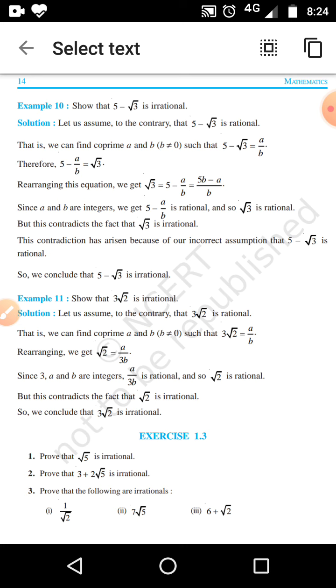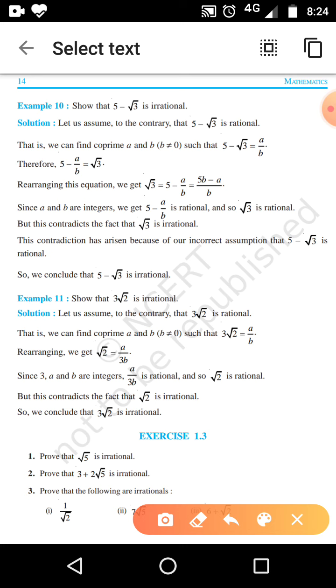If possible, suppose 5 minus root 3 is rational. But here you see 5 is rational but root 3 is irrational. Then you know very well the sum of a rational number and an irrational number, or the difference of a rational and irrational, is again irrational. That's why this is an irrational number.